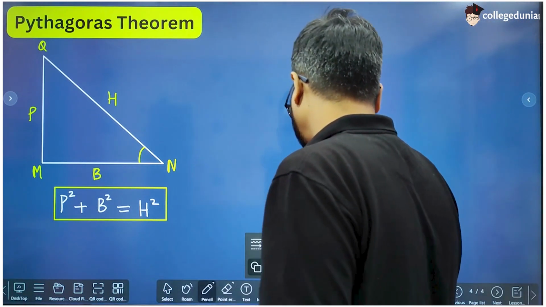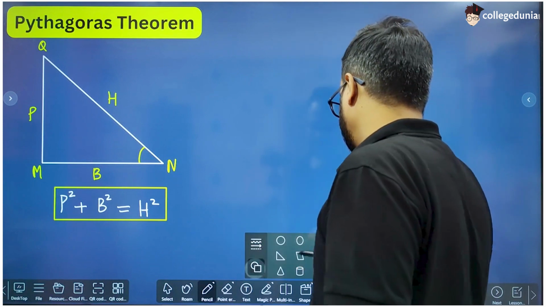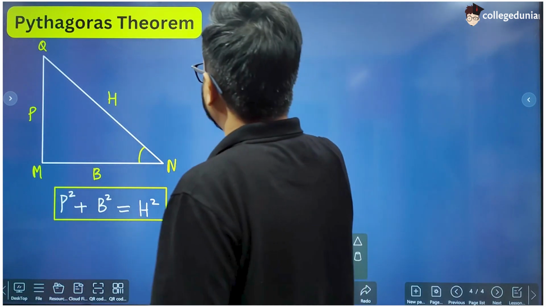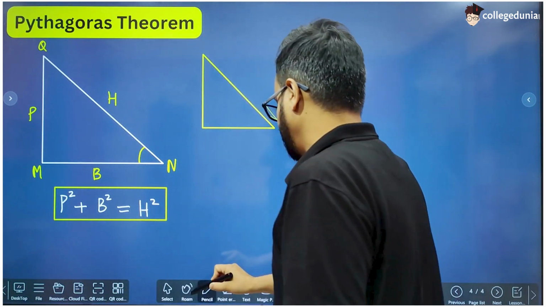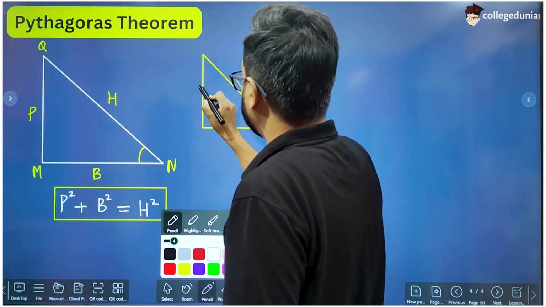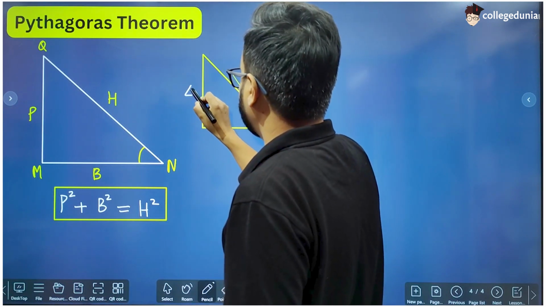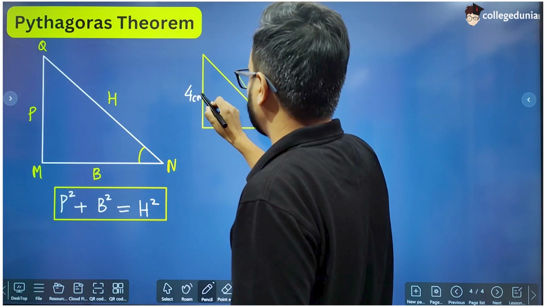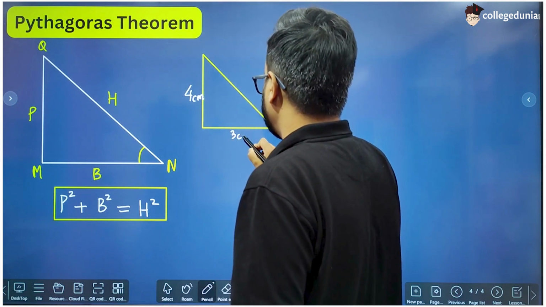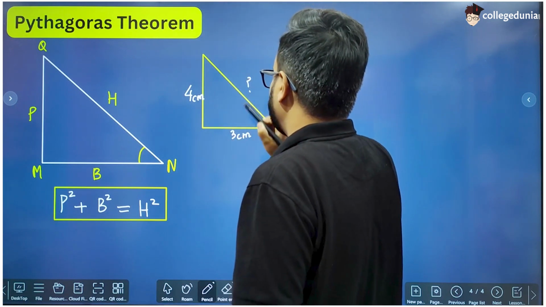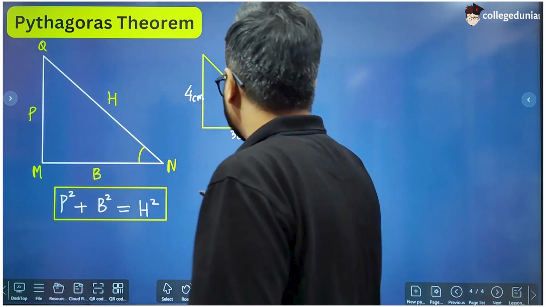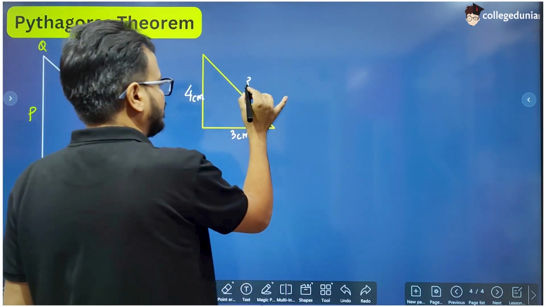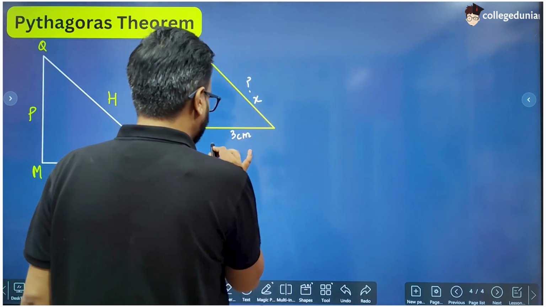For example, let us say we have this right angled triangle and it is given that the length of this side, which is perpendicular, is 4 centimeter and the length of the base is 3 centimeter, and we have to find the length of the hypotenuse. So we will apply this Pythagoras theorem. Let us say the length of hypotenuse is x.